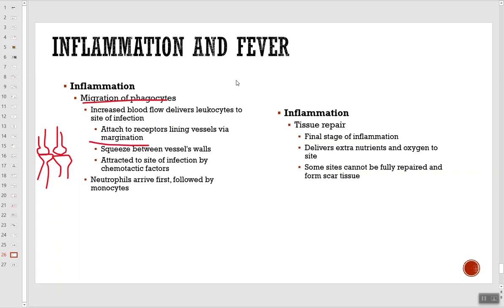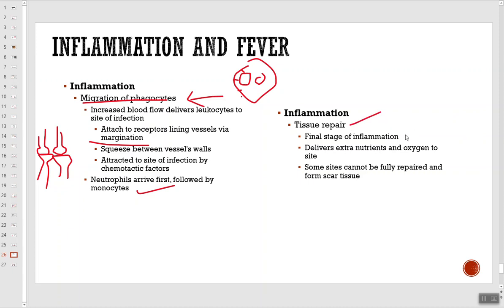These receptors, of course, are at the edge. So the white cells, we want them over here and not in the center where there are no receptors. Once they squeeze out, they just follow those chemotactic molecules to where they are. We already talked about neutrophils first and monocytes. Tissue repair is the final stage of inflammation.